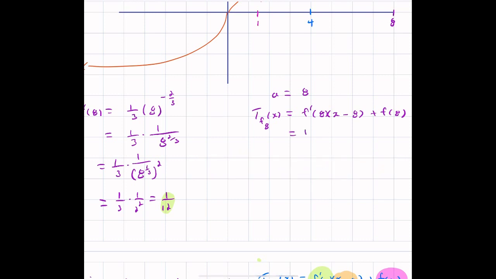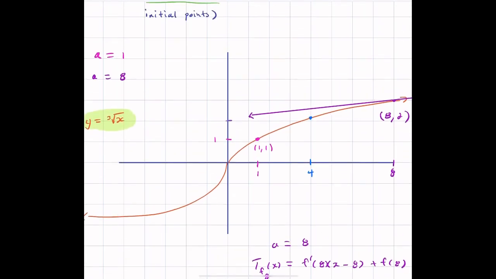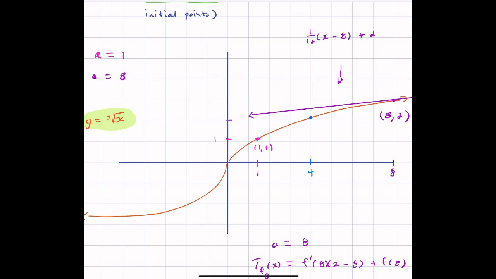So this is 1 over 12 times x minus 8, plus f of 8, which we've already seen is 2. And so this is the equation of our tangent line. So I can go back up here and say that the equation of this is 1 over 12 times x minus 8, plus 2. You can just distribute it out. This is x over 12 minus 8 over 12. Those 4s are going to cancel.